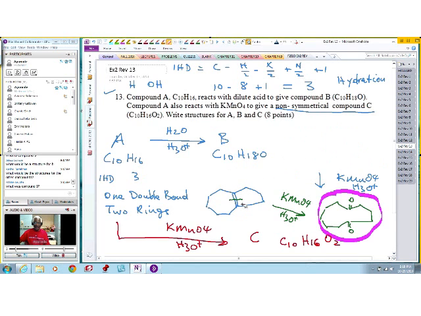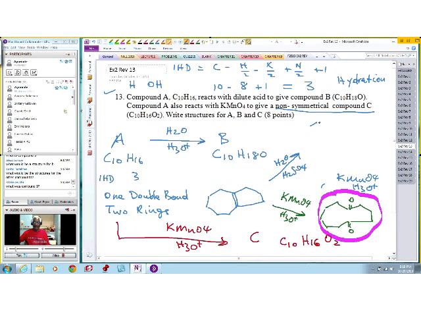Keep in mind, this reagent here, what does it do with the double bond? Okay, so you are going to add water across the carbon-carbon double bond.